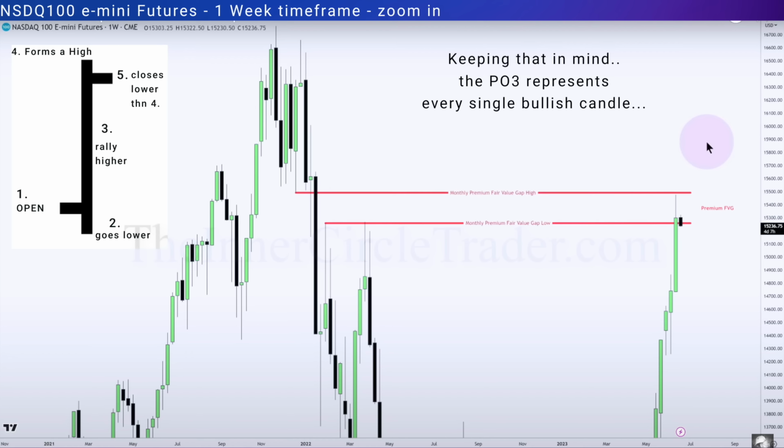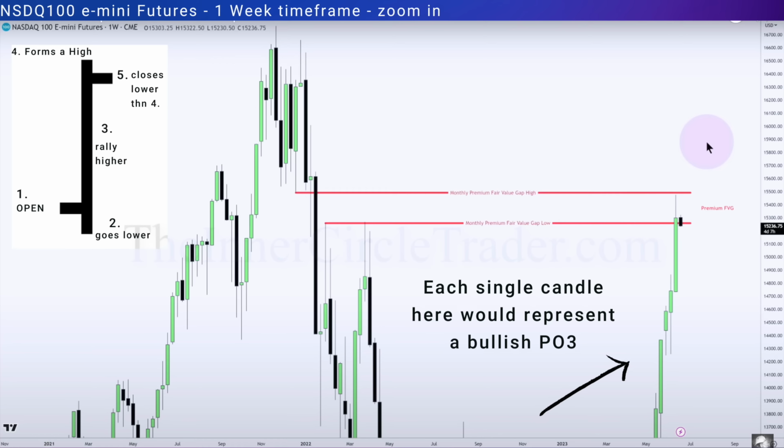So when it's bullish, as in our example, every single candle is going to have this type of movement. But we can also see that movement within the price on, for example, a 1 day or a 1 week time frame. And so in the example that we have seen before, each single candle in that price movement would represent a bullish power of three.